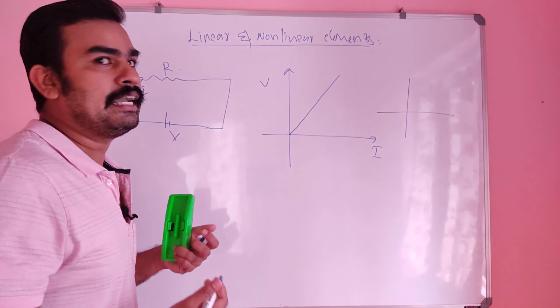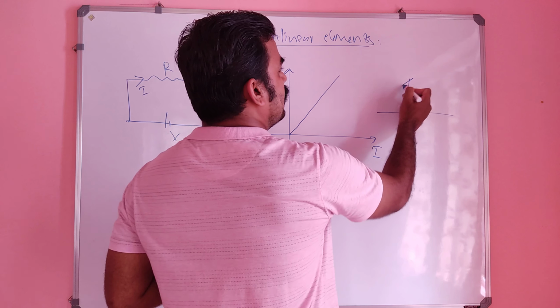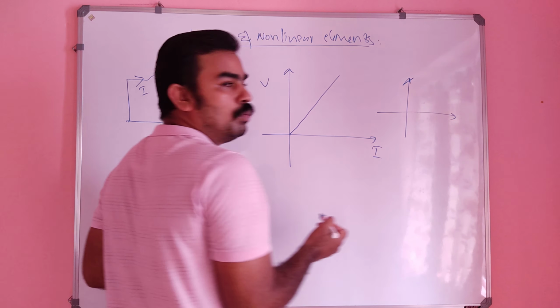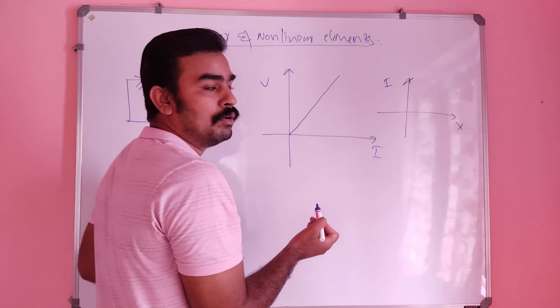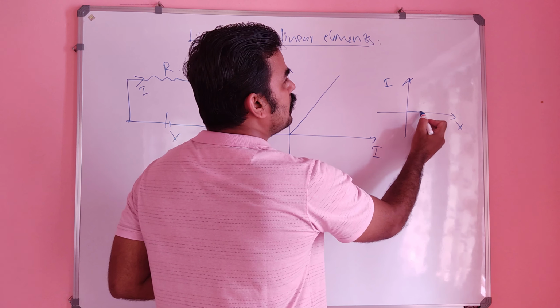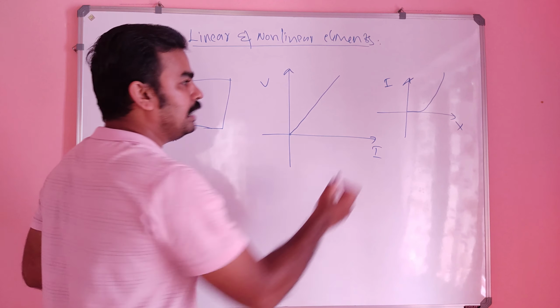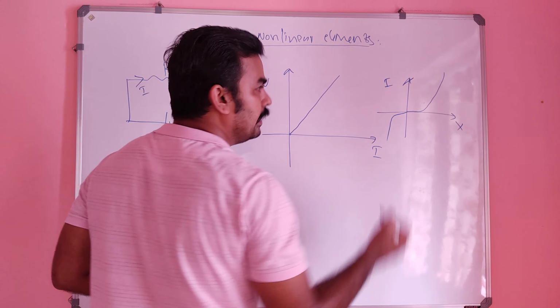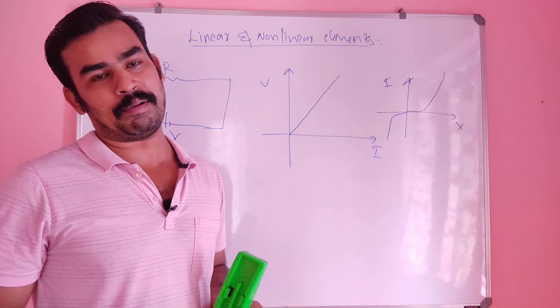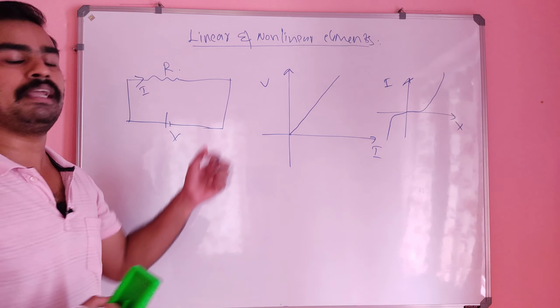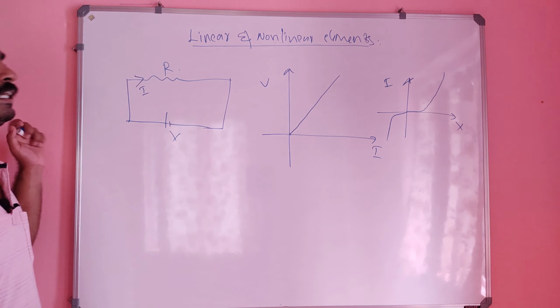So suppose we take the voltage-current characteristics of a diode, then what will be obtained? Suppose this is the V and I graph of a diode, then it will be like this, and in reverse manner also like this, which means the diode characteristic is not linear. So this is the difference between linear and non-linear characteristics.